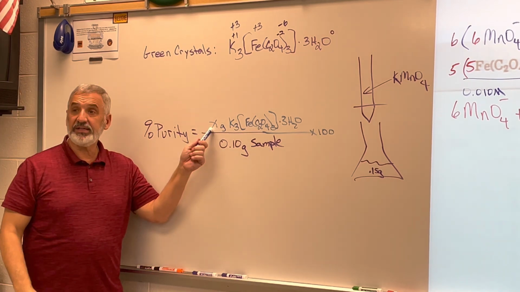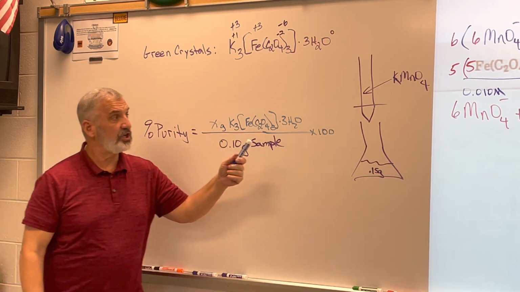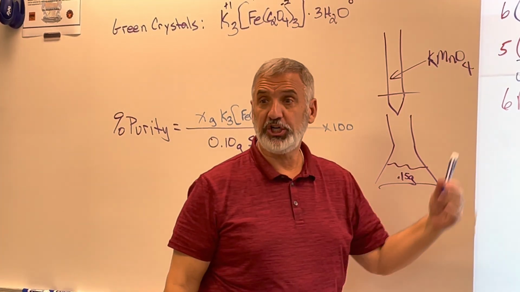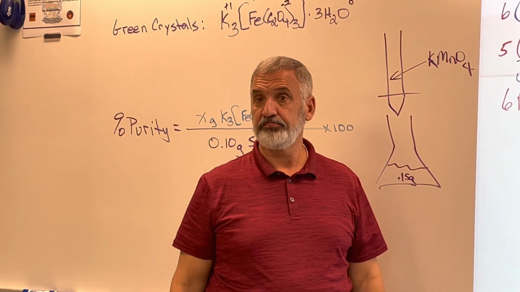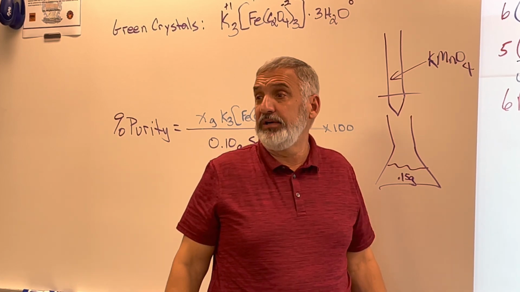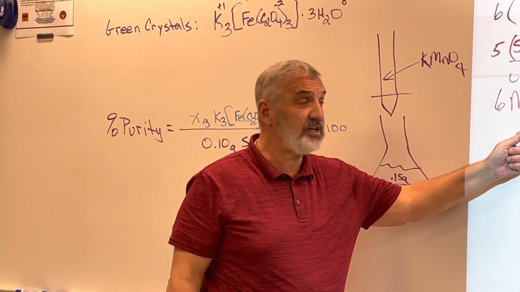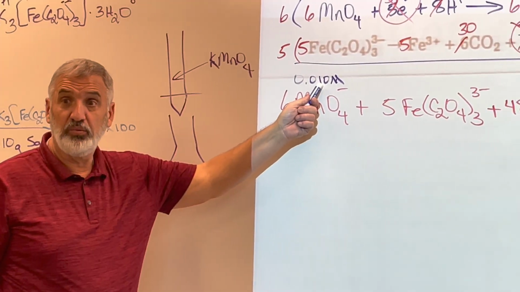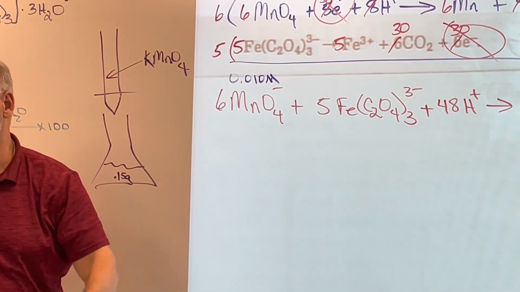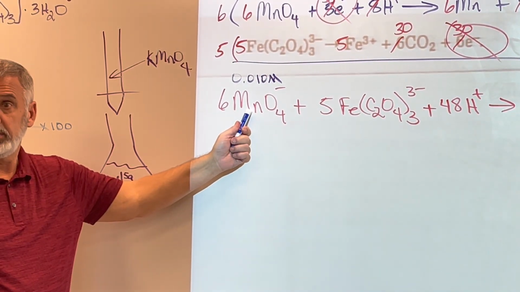So I need to know this. What did I measure? What's the one thing we measured in our lab? Milliliters of this. If I know milliliters of this and I know the molarity of that, what do I really know? I know moles. Molarity times volume equals moles.